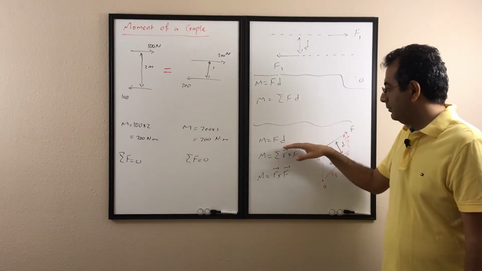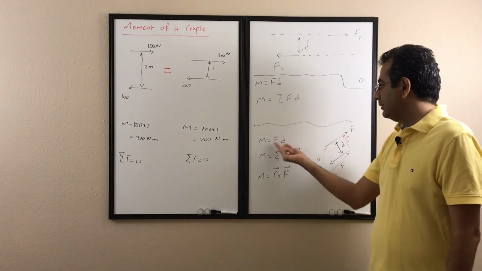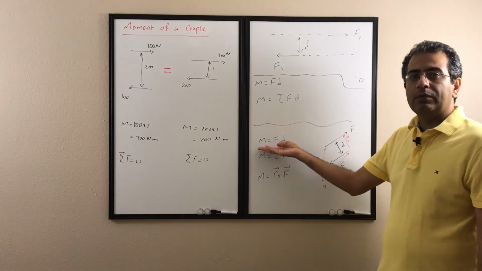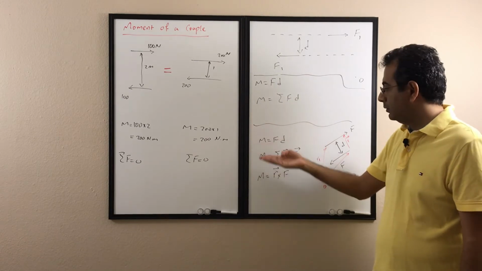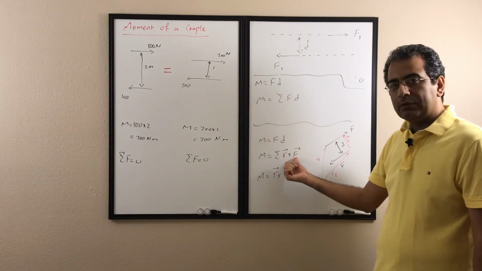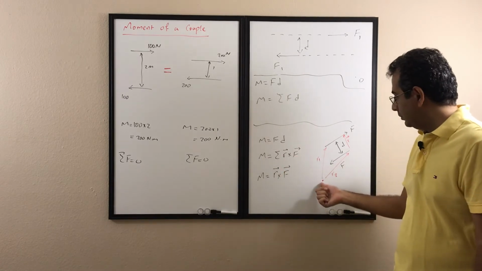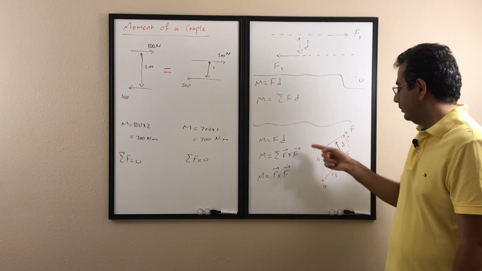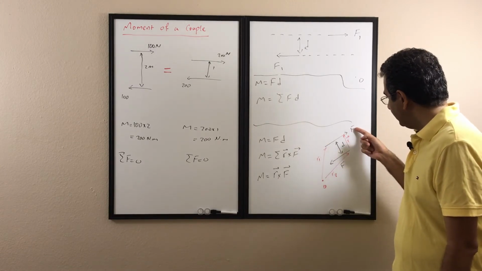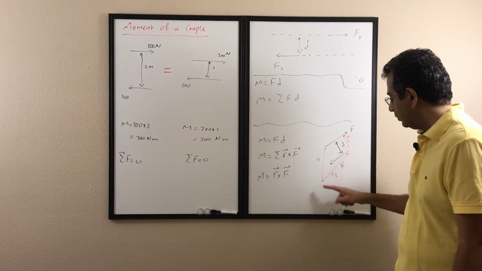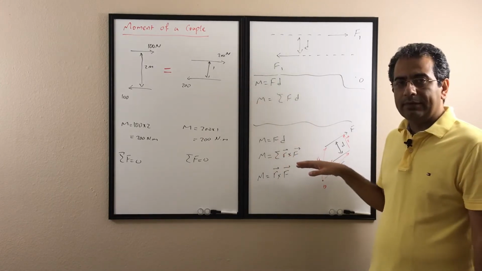In 3D, the same thing. If you have the normal distance between two forces, just use this equation. If we don't have the normal distance between the two forces, we can calculate the moment of each force, again with respect to a given point, and add them all together. For example, here we calculate the moment of this F with respect to O, calculate the moment of the other F with respect to O, and then add them all together.